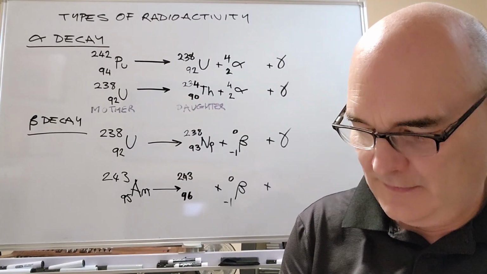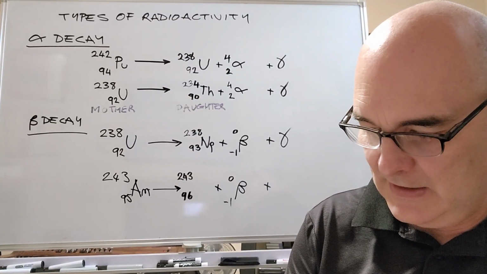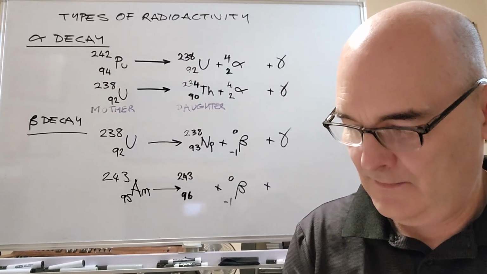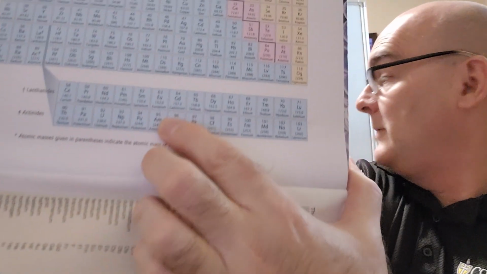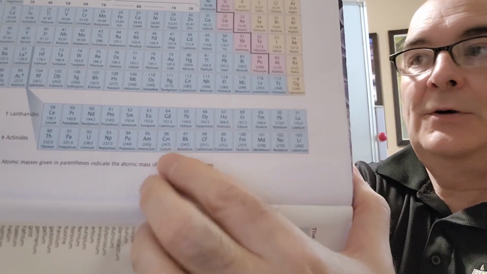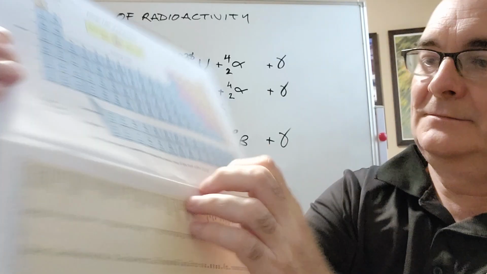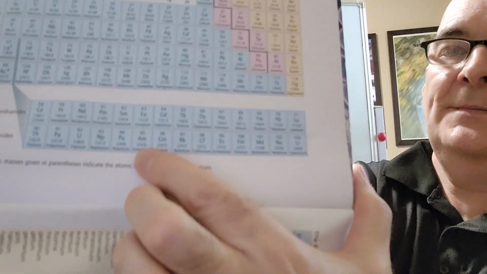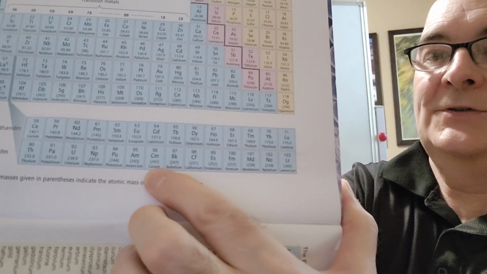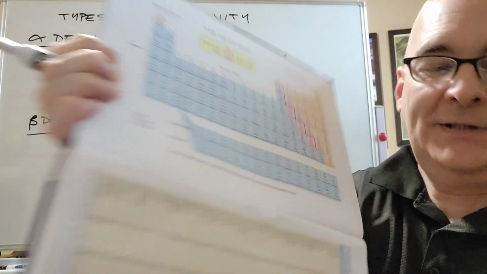And I look, and I find that americium has turned into curium. Americium at 95 has turned into curium at 96.